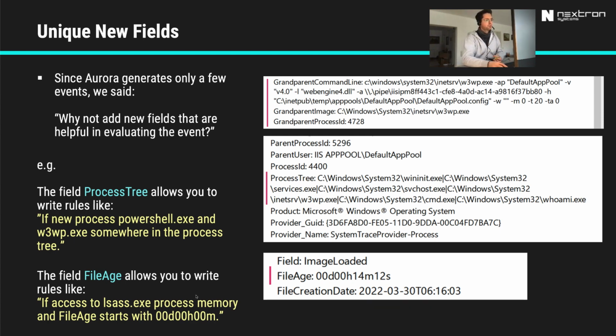In that case, you can simply write a rule that looks for access to the LSASS process memory, and the file age field, the value in the file age field starts with 0 days, 0 hours, 0 minutes, which means that the file that accesses the LSASS process has been created within the last 60 seconds, which is, I think, a nice field to have, and you can write much better rules for phishing attacks, in which the files that do the malicious activity appeared on disk a few seconds ago, and you can write rules that rely on that field for the Aurora agent.